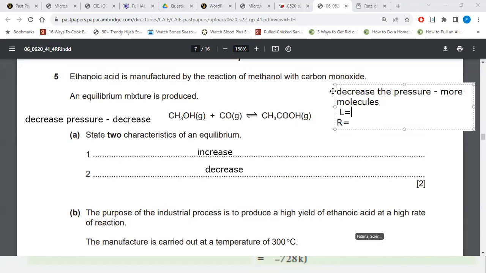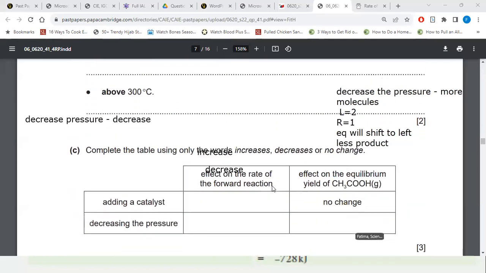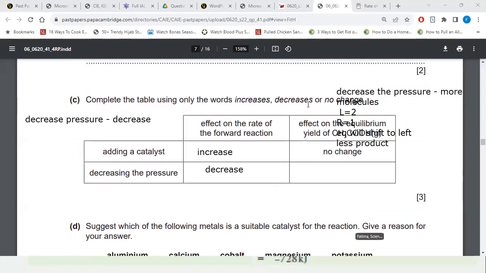We have 2 on the left side and 1 on the right side. So where is my equilibrium going to go, left or right? Left. So does that mean I get more product or less product? Less product. So my answer over here is that my product is going to decrease.